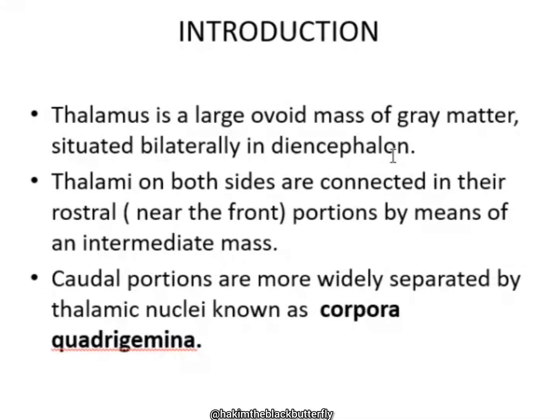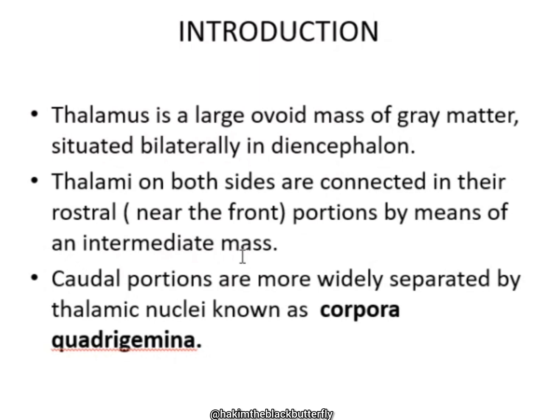So there are two. They are ovoid in shape, and they are connected by a structure known as the intermediate mass or mass intermedia.